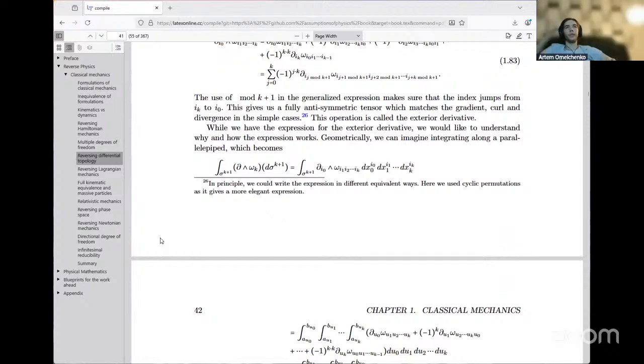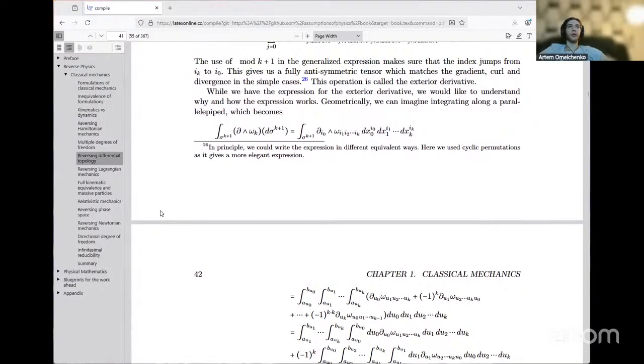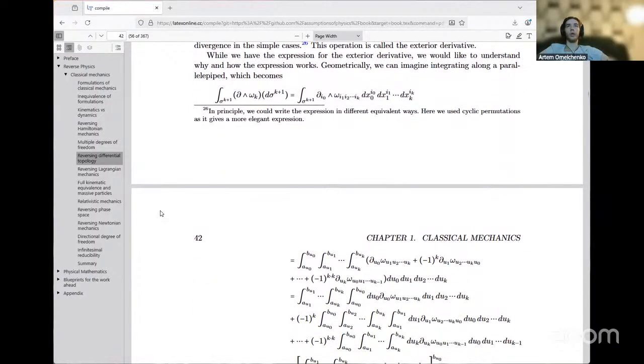While we have the expression for the exterior derivative, we would like to understand why and how the expression works. Geometrically, we can imagine integrating along a parallelepiped. So this is the integral on the k plus 1 surface of the exterior derivative, and we're writing this in components.